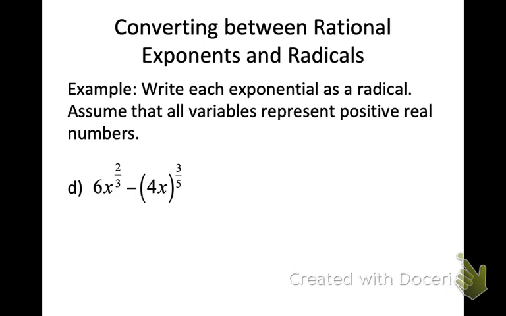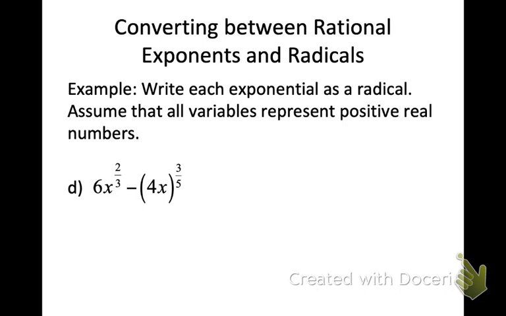All right. I don't like that there's letters in here now, because this seems like this is where we're going with it. So 6x to the 2/3 minus, now notice the whole 4 and x are being taken to the 3/5 power.